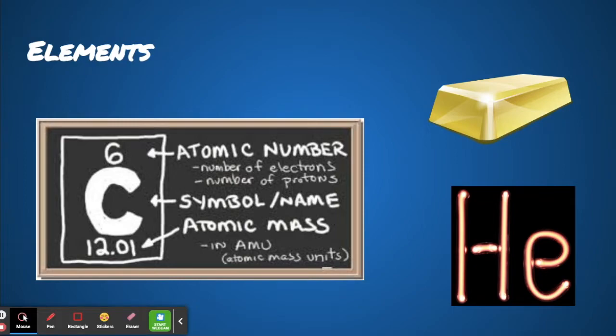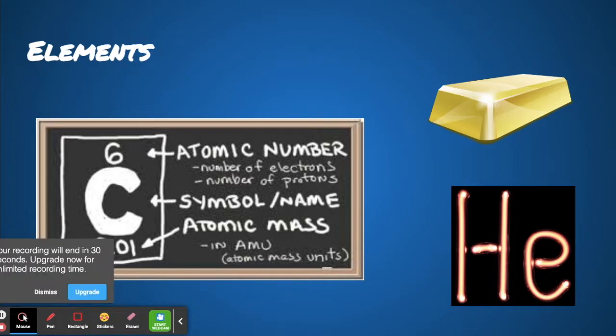There are different types of carbons, which are called isotopes, and there are different isotopes of other elements as well. Those would have different atomic masses, because each has a different number of neutrons.